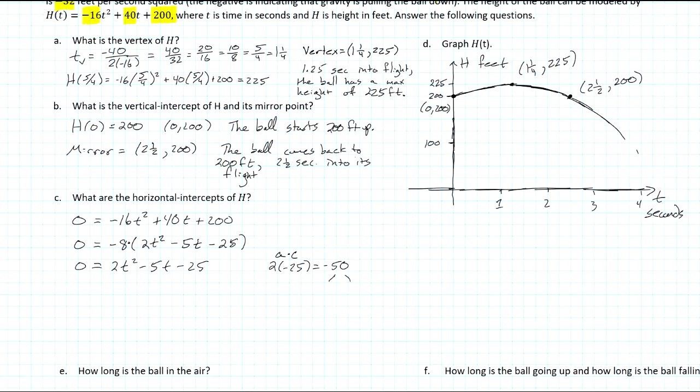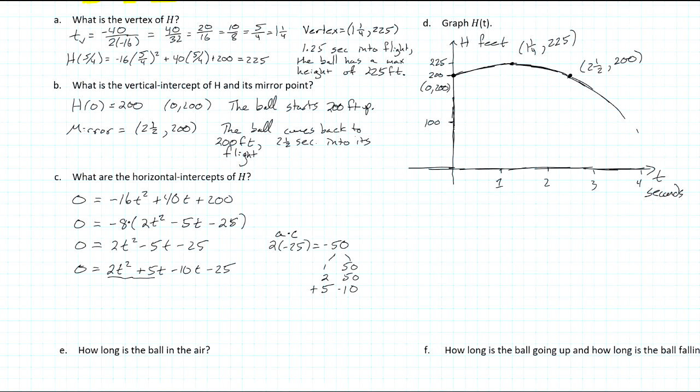And I want to find two factors that multiply to be -50 and add to be -5. So I think a +5 and a -10 will work.